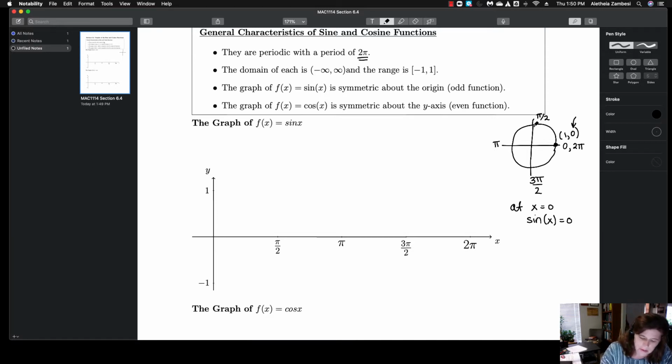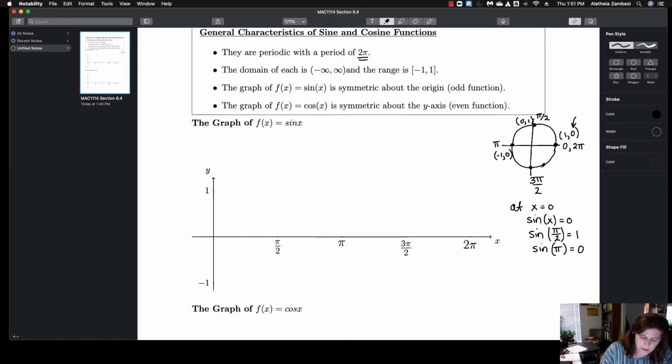Now if we get to pi over 2, the coordinate of that point is 0, 1, so we know that the sine of pi over 2 is equal to 1. Moving over to pi, the coordinate of that point is -1, 0, so the sine of pi is back at 0.